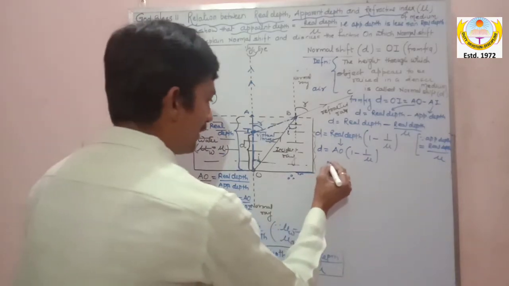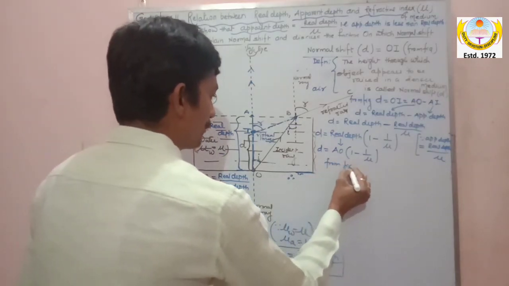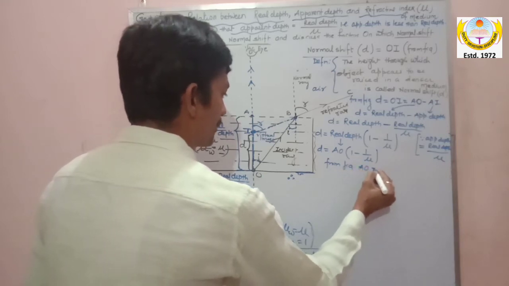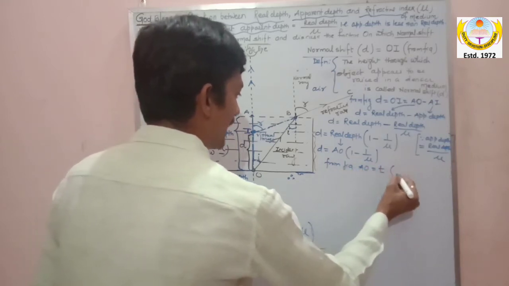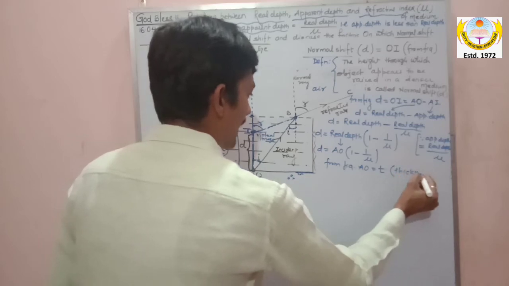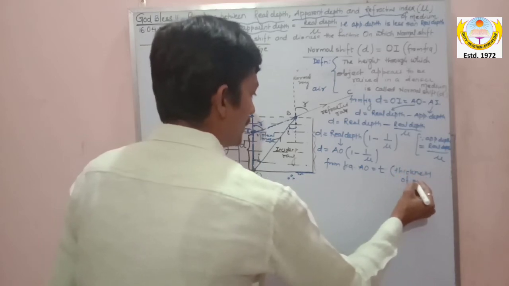Now my dear, you can see from the figure AO is equal to T, that is the thickness of the given medium.